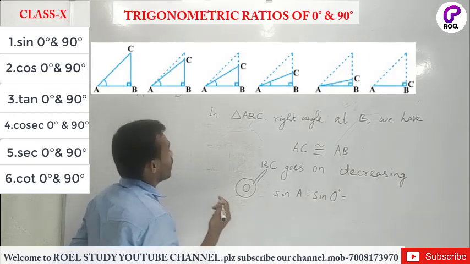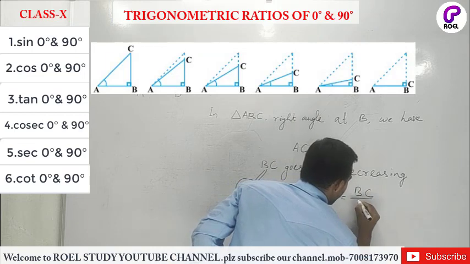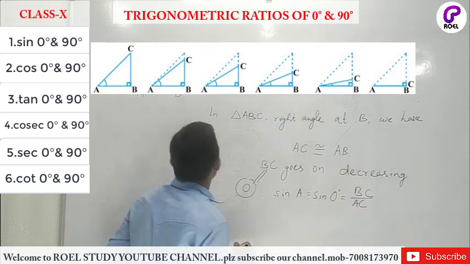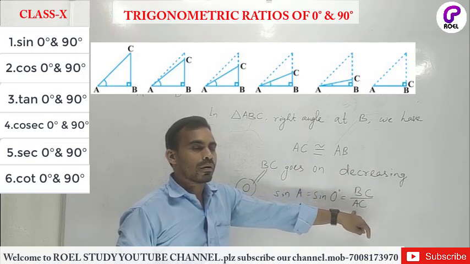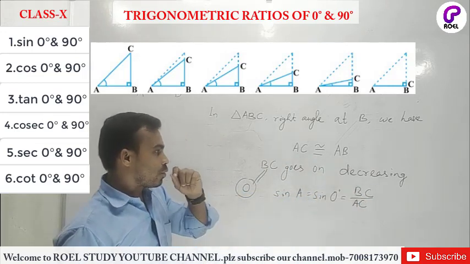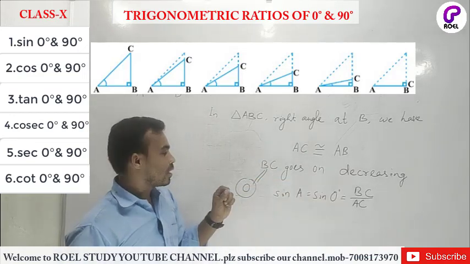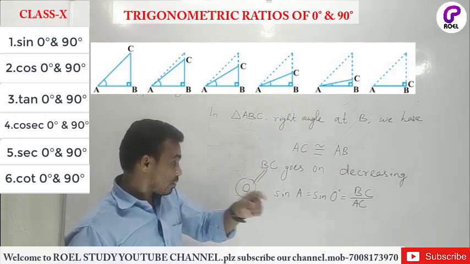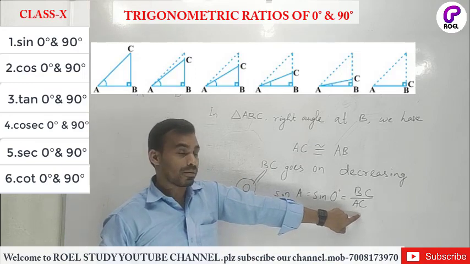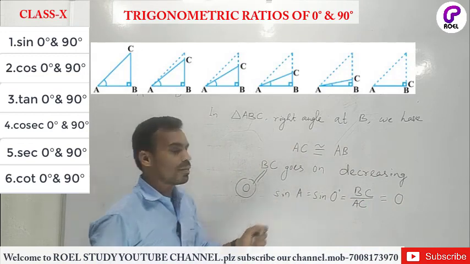We know that sin is BC by AC, perpendicular by hypotenuse. I have told you that BC goes on decreasing and it comes close to 0, whatever the value of AC, so the ratio comes close to 0.